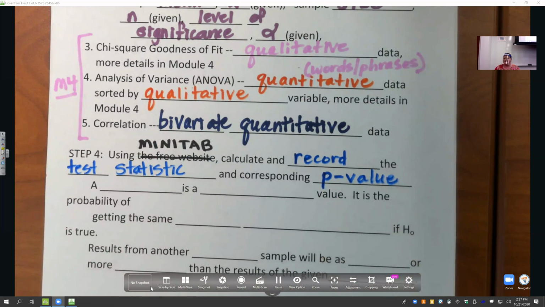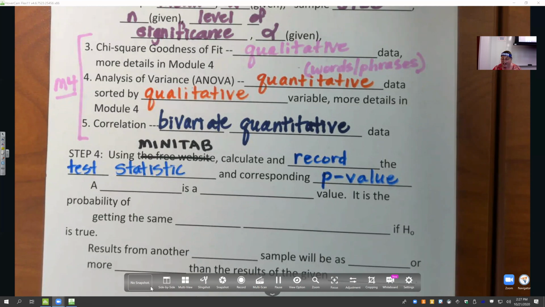The test statistic, again, if you think about it like a court case, is your evidence. You've taken your data and you've calculated this measurement. So they've collected the evidence and they're going to present it to you. That's the test statistic.